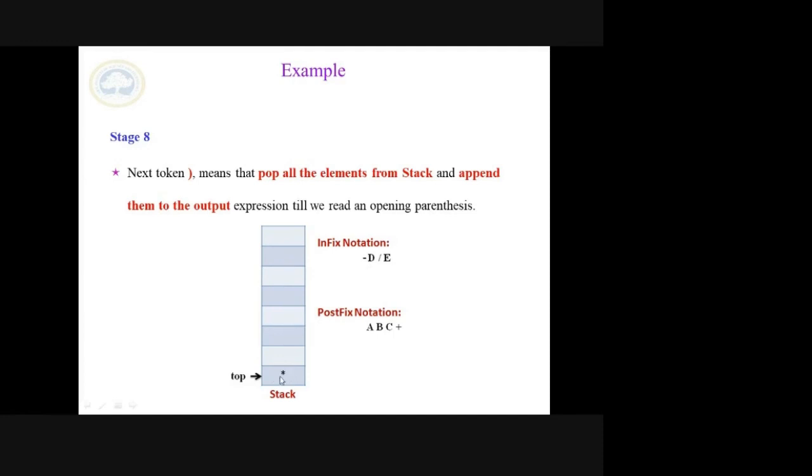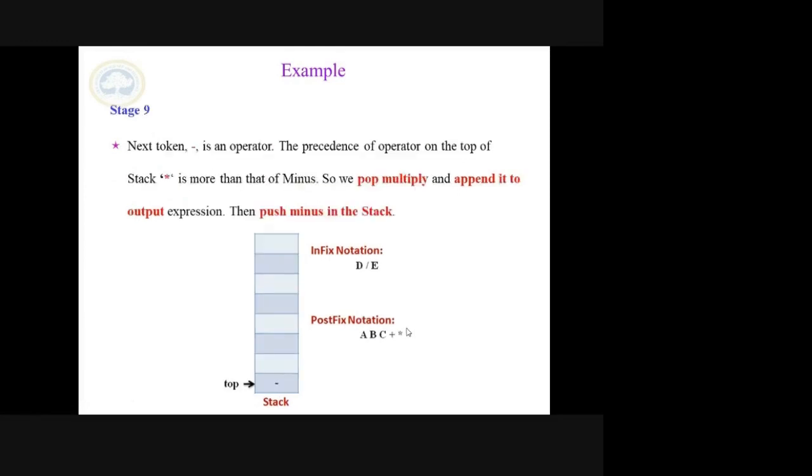Star has higher priority, so you cannot place minus or plus above it. So before minus enters the stack, I will remove the star from the stack and put it in the postfix notation. Then minus will enter my stack.